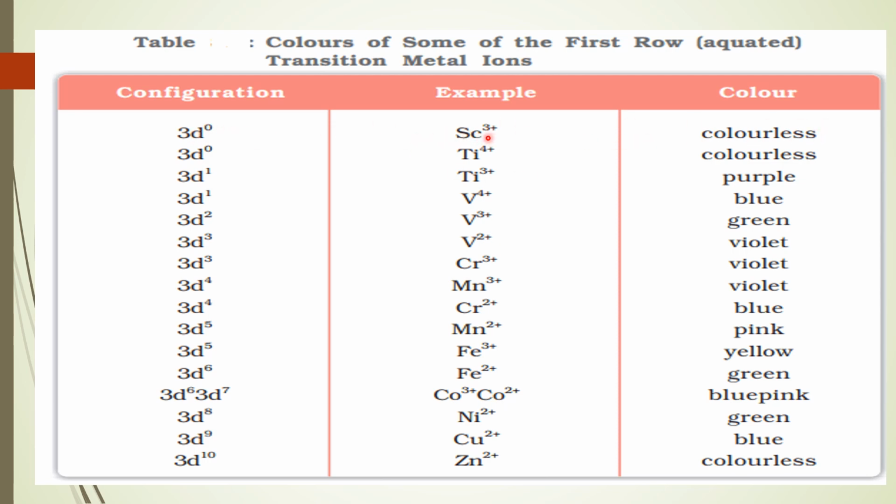Scandium in the +3 oxidation state doesn't have any unpaired electrons, therefore it is colorless. Likewise, titanium in the +4 oxidation state is colorless. And zinc in the +2 oxidation state has a 3d10 completely filled configuration, no unpaired electrons, and is therefore colorless.